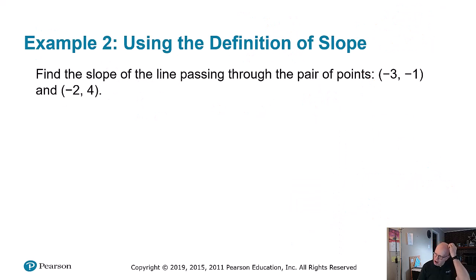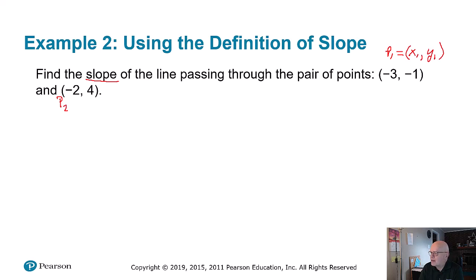Next, let's go to a particular example. We want the slope of the line that goes through those 2 points. So let's call this point 1, and let's call this one point 2. Then this will be x sub 1, y sub 1, and the other will be x sub 2, y sub 2.